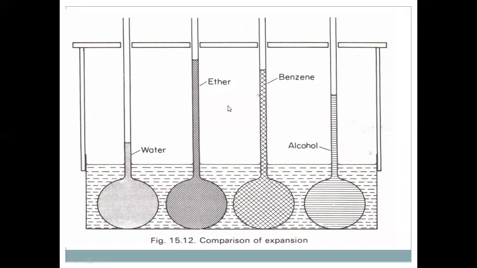Look at the expansion rate of this liquid, ether. It is the most. Then this one, then this one. So as you see, the expansion rate of every liquid is different from the other. For every type of liquid, we have a specific expansion rate that differs from the others.